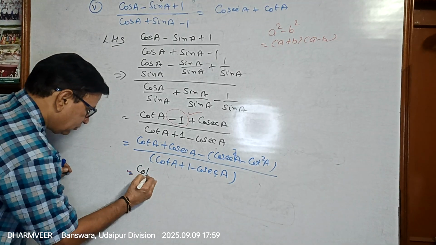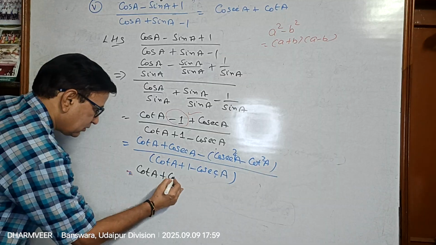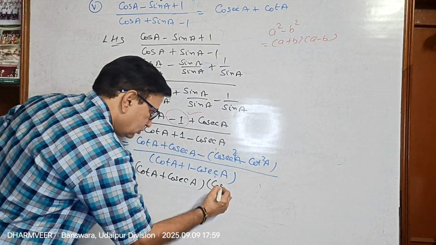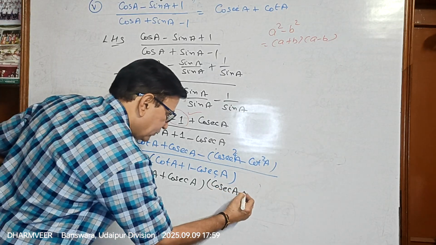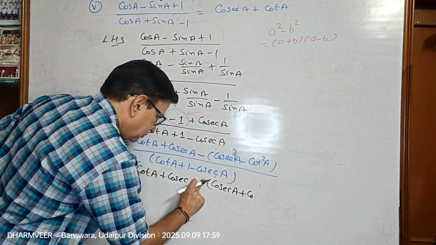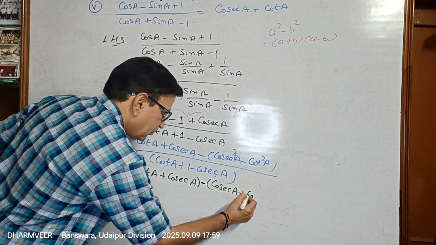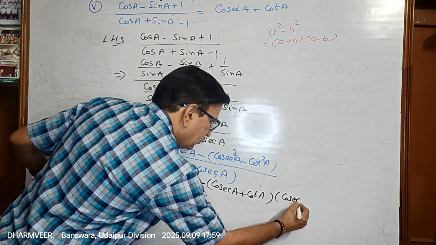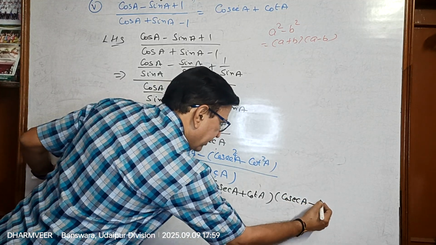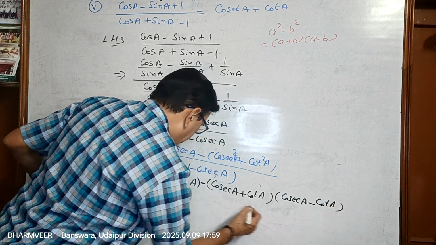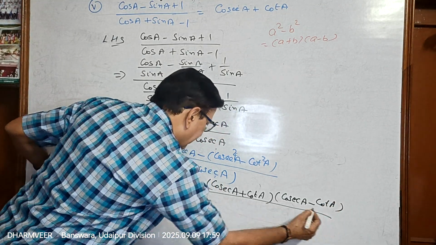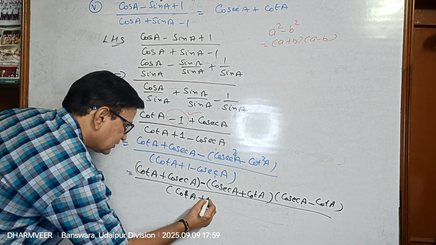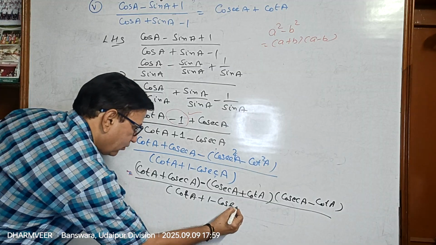Cot A plus cosec A, and now cosec A plus cot A, and with negative sign cosec A minus cot A. And the denominator we don't change, write as it is: cot A plus 1 minus cosec A.